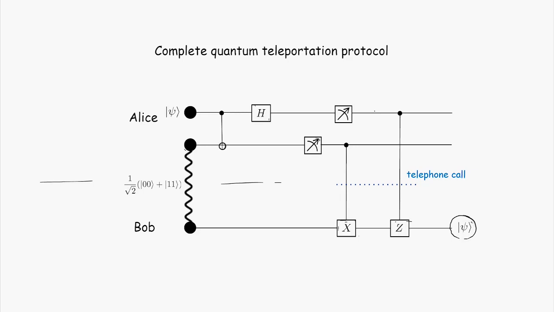the unknown qubit. Now, this unknown qubit was specified by two complex numbers, alpha and beta. Everything up here is happening in Alice's lab. Alice called up Bob at this point and she told him two classical bits, B1 and B2.